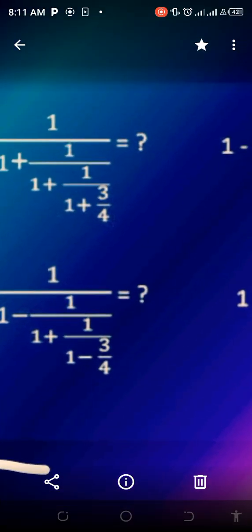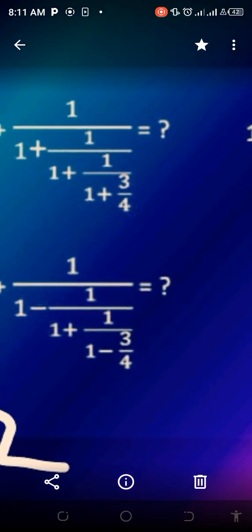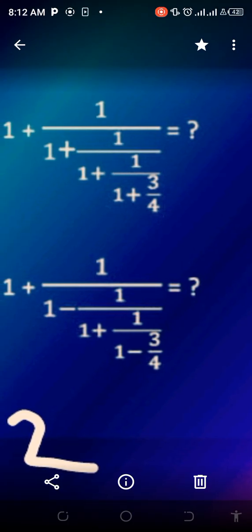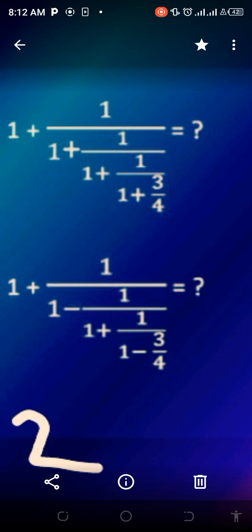Then let us go to ladder fraction 2, which is this. You discover that it looks like ladder fraction 1. It is also a 4-ladder fraction, but the difference is that the whole numbers are not all in plus, plus, plus.